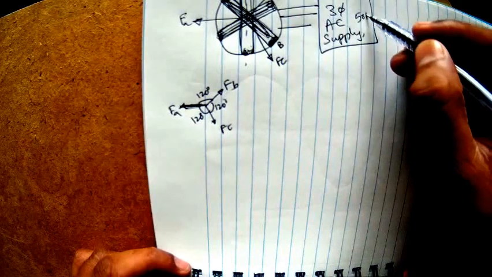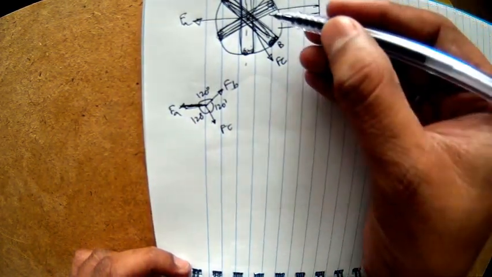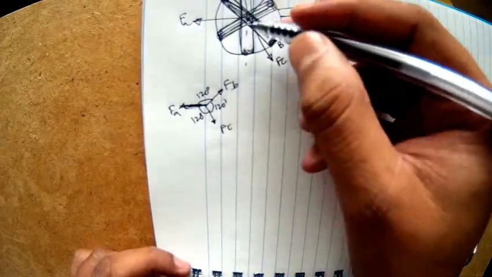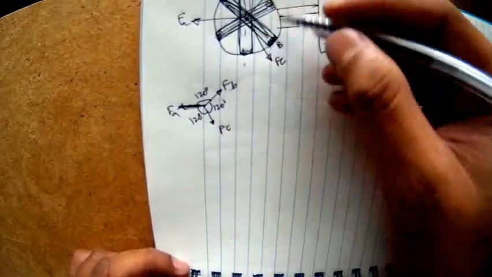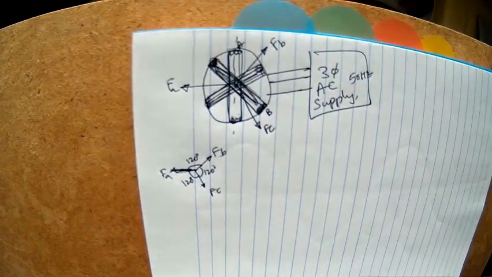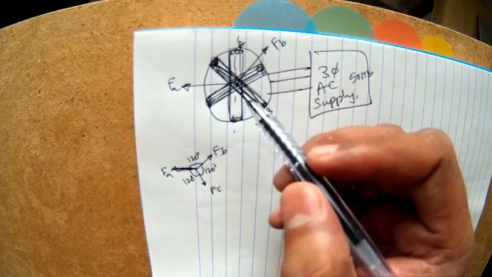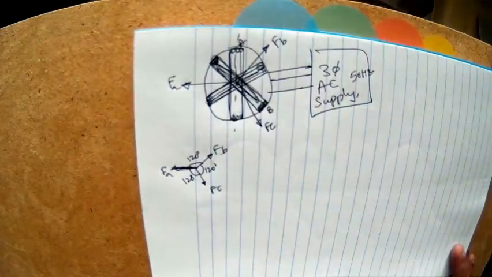Let's assume 50 Hertz frequency. So that particular three-phase supply is connected to the three windings of the stator. So as you know, the three windings of the stator are A, B, C, and the other ends of the A, B, C are star connected, that we have seen in the direction.